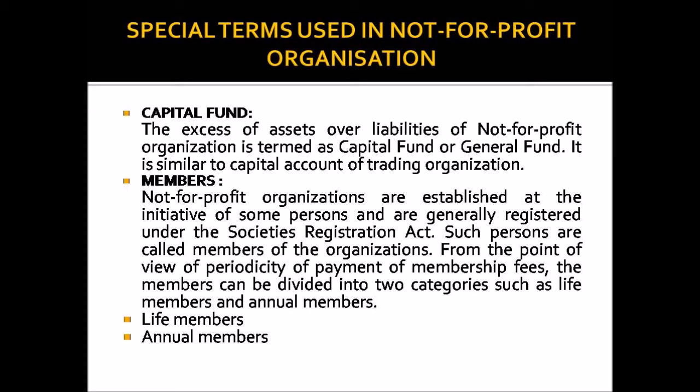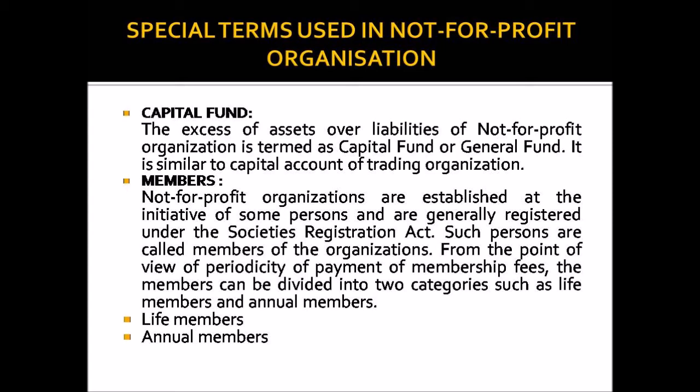The next is member. I think I have discussed that also, like how an NPO functions, runs, and operates, by contribution from its members. They are those persons who are registered members of an organization, and the organization is registered under the Societies Registration Act. So those people who have come together, who are registered under a particular organization, are called its members.